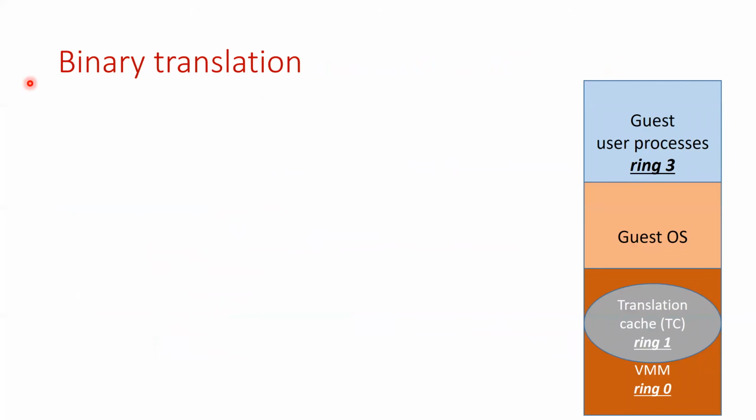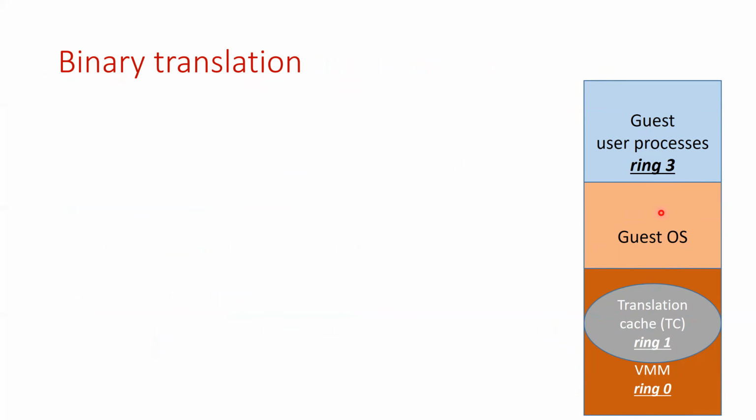So now let us understand this concept of binary translation in more detail. In the guest context, in the VMM context, the guest user process is run in ring 3. The guest OS is located at certain virtual addresses, but the guest OS's code is translated and placed into a translation cache inside the VMM address space, because this is untranslated guest OS code, right?